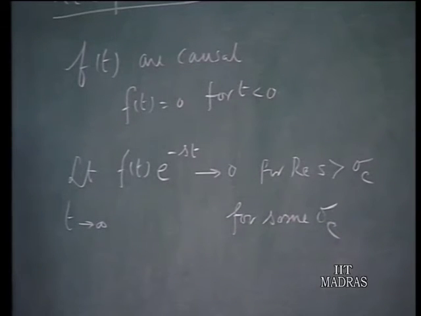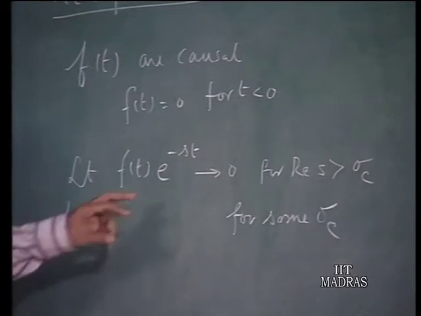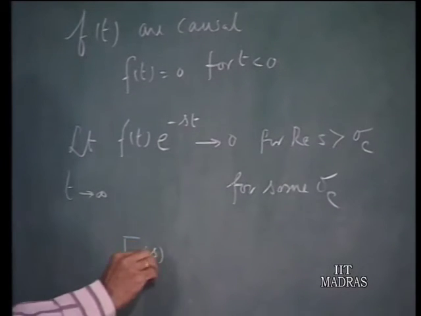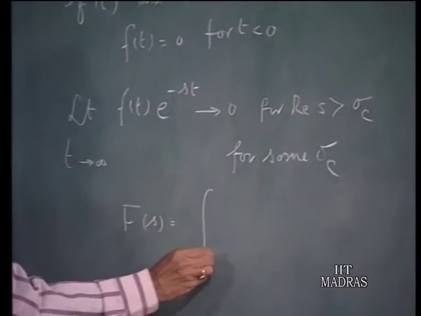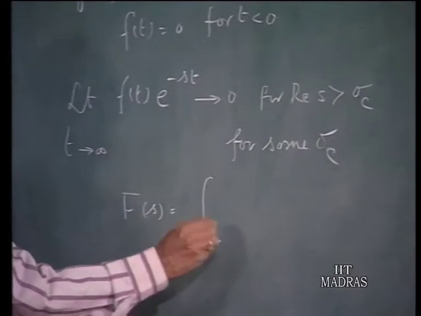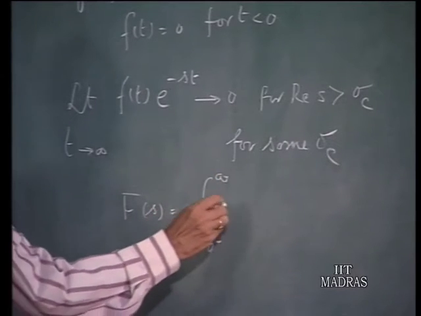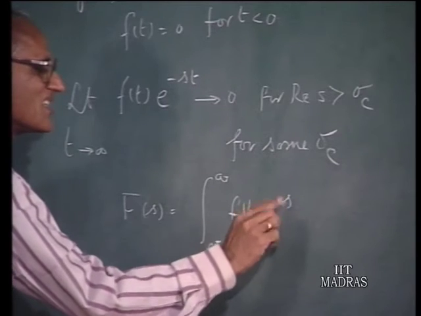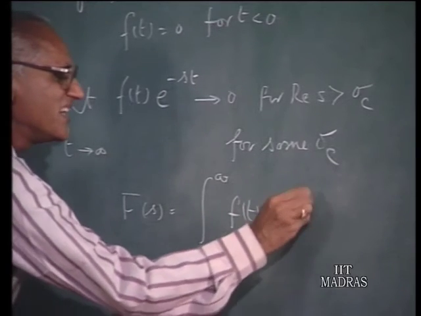So, if the function of time is of an exponential order, that is as t goes to infinity, this e to the power of minus st is able to pull this down to negligible proportions, then for such time functions we said we have a Laplace transformation f of s which is given by the integral from 0 minus to infinity of f of t e to the power of minus st dt.